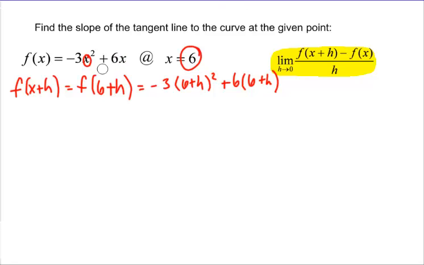Alright. The other thing that we're going to want is to take f of x, which we already know from right here. This is 6. So everywhere we see x, we put 6 in.